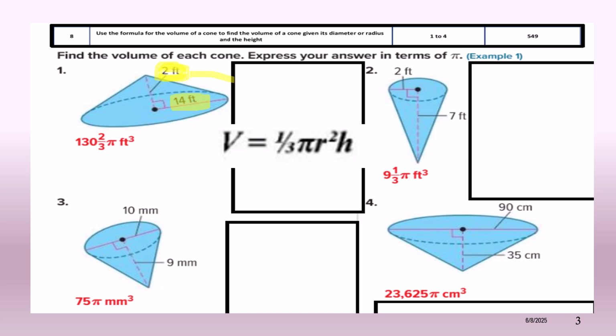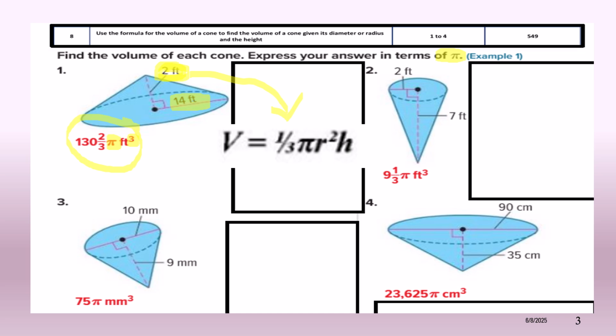Substitute it into the formula and you would be able to get to the answer of 132 pi feet cubed. Remember, they ask you to leave your answer in terms of pi. So there is your pi. You do not have to calculate. You do not have to multiply by 3.14. And your answer is always in cubic feet.